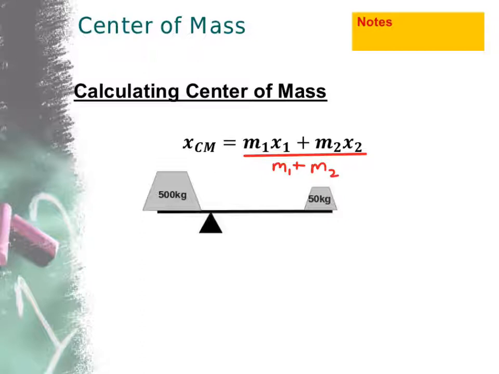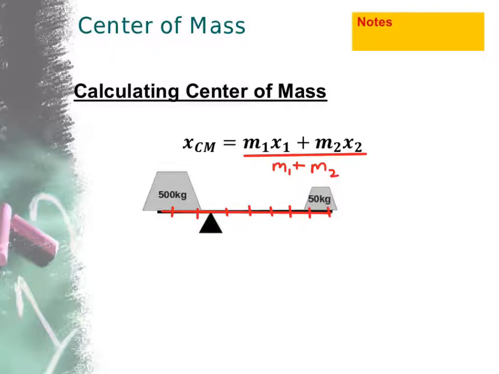So let's try to do that with our seesaw here. And let's put a ruler on this thing. So let's say that this is 0, 1, 2, 3. I'm just making little tick marks here. 4, 5, 6.